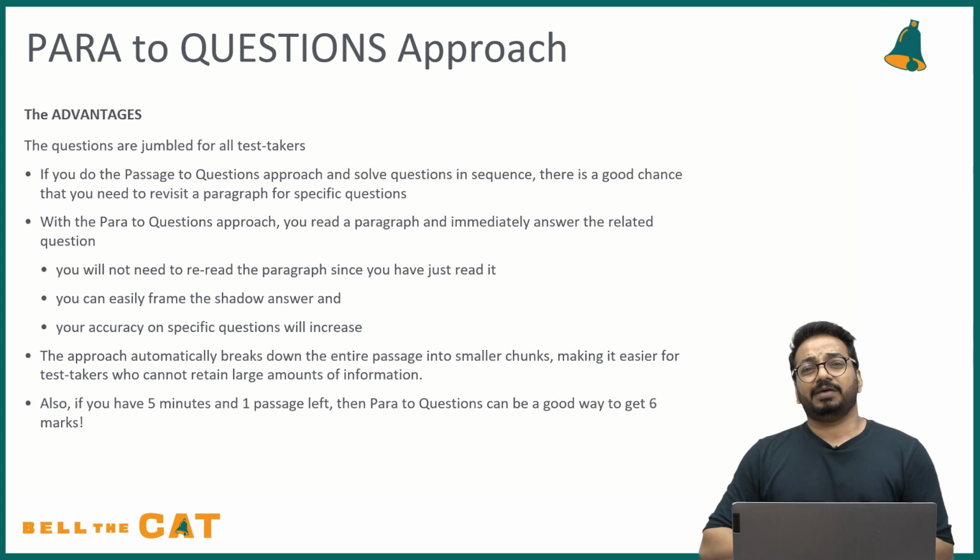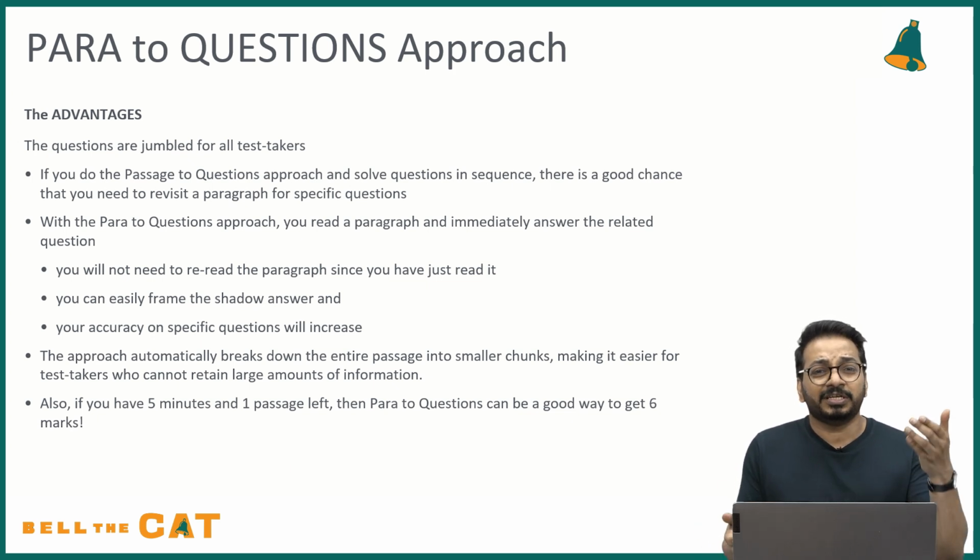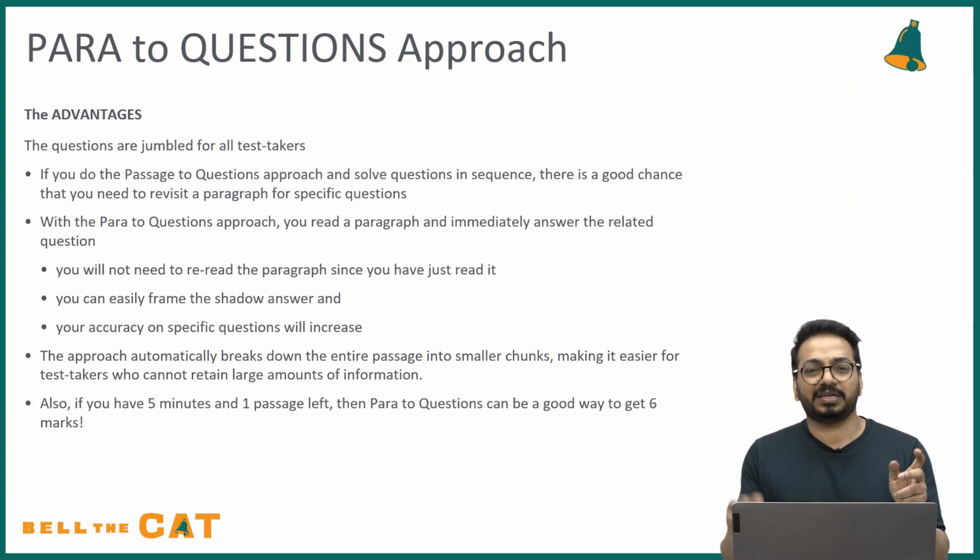The last advantage, you have 5 minutes and you have 1 passage left, right? Not possible to realistically solve that. To read it only, maybe you will take 3 to 4 minutes. With para to questions, you read a paragraph, there is a question, solve. It can be a very, very good way to actually get 6 marks in those 5 minutes. So para to questions has all of these advantages.